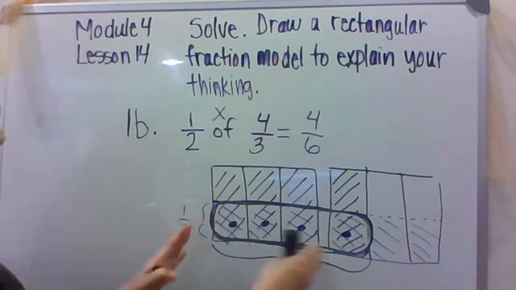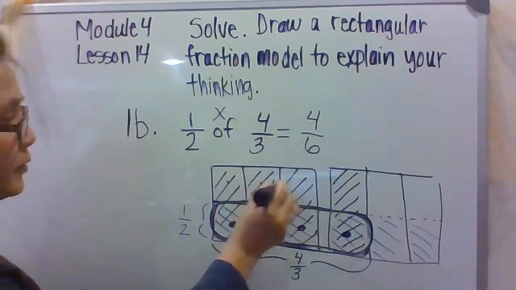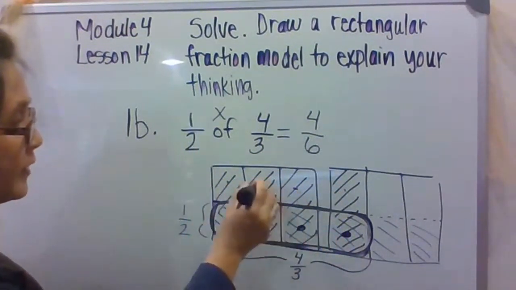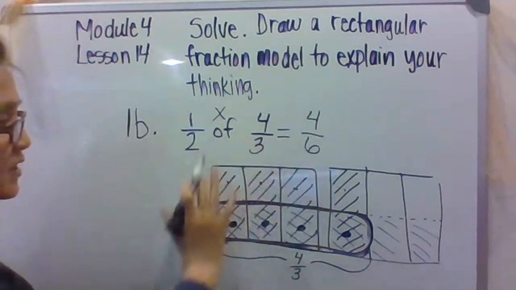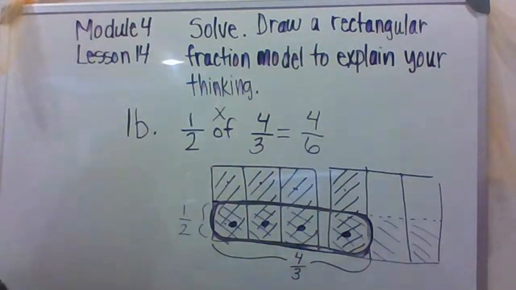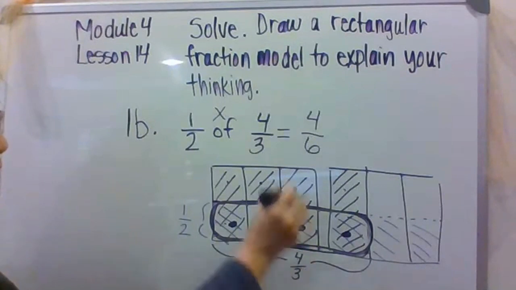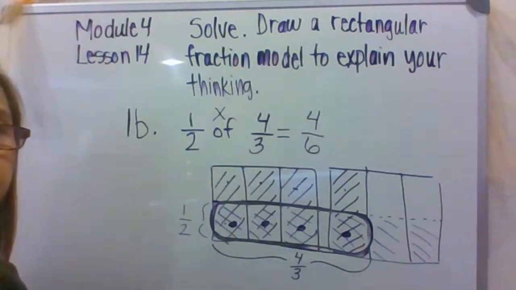Now, if you look at what's been shaded in, do I have 1, 2, 3, 4? Whoops, 1, 2, 3, 4, 5, 6. So if I'm just looking at this first piece of my model, of the rectangle model, there's 6 total pieces. And I have 1, 2, 3, 4 out of the 6 shaded in.